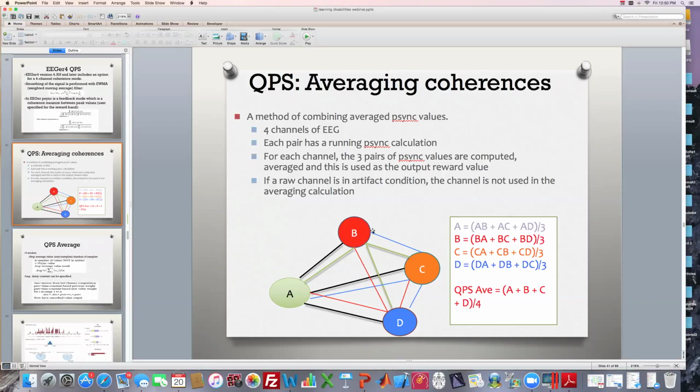Divide that by 3, that's the value at B. So each location now will give you a shared coherence value. The same thing is done at C and D.